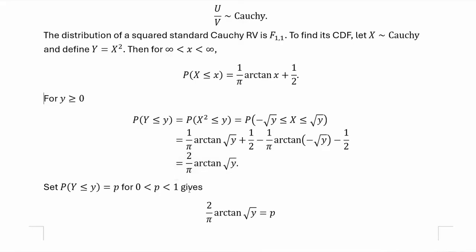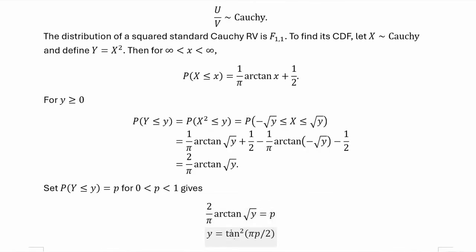So if we set this cumulative probability to be p for some p between 0 and 1, we have 2 over pi times the arctangent of the square root of y equals p, and this gives the critical value, the tangent of half pi p, squared. That's the p quantile for the distribution F11.